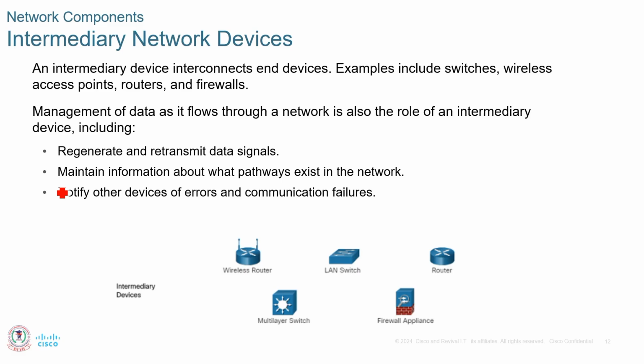Wow, I would like to break this down. First of all, it says an intermediate device helps to interconnect endpoints. For example, let me say you have 5 endpoint devices, PCs in your office, and you want these 4 to interconnect through the internet. We have one router here.